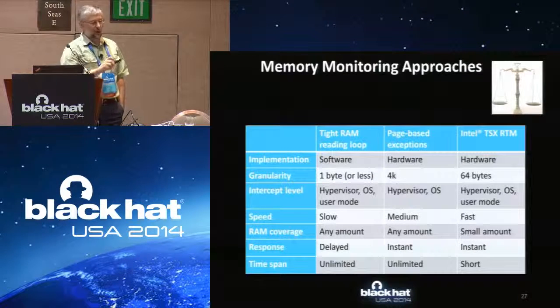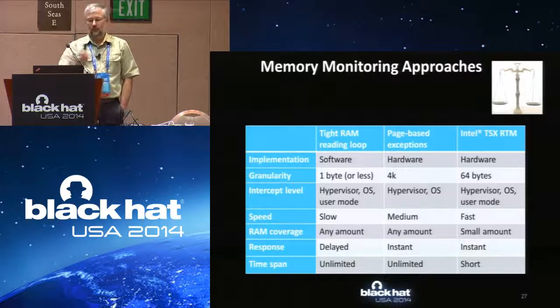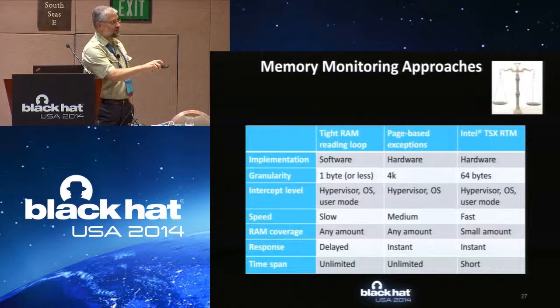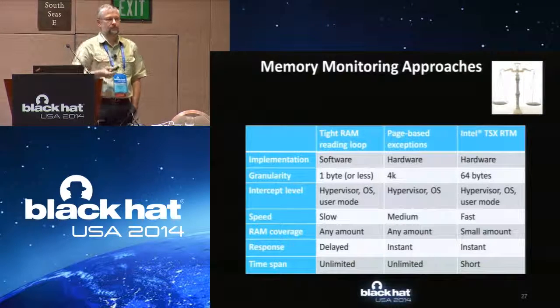To run these, the tight memory loop can run anywhere: hypervisor, operating system, in user mode. Page-based stuff can only be written in hypervisor or the operating system, but transactional system can be used anywhere. You can use it from user mode.